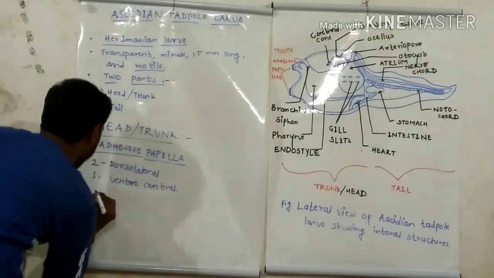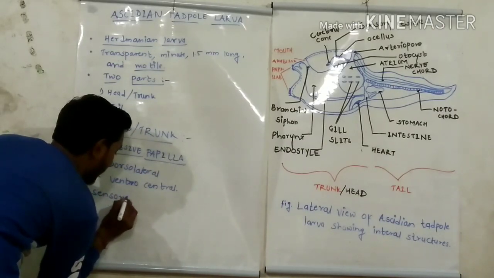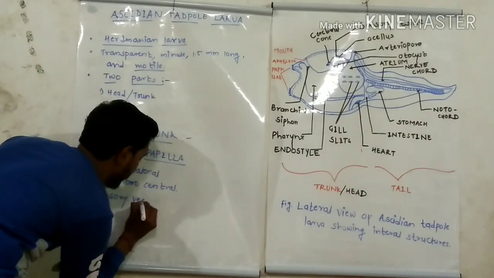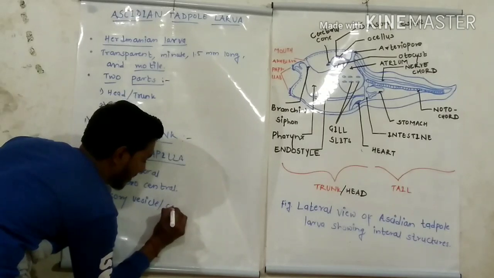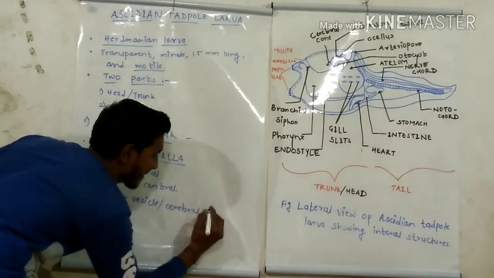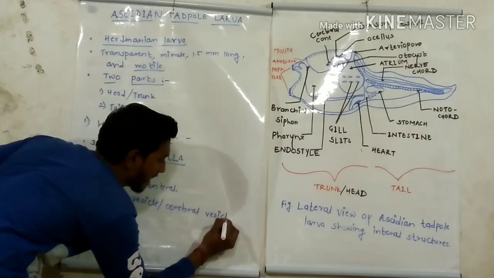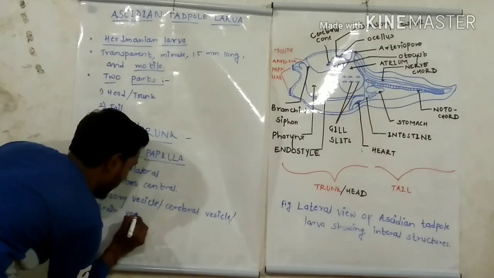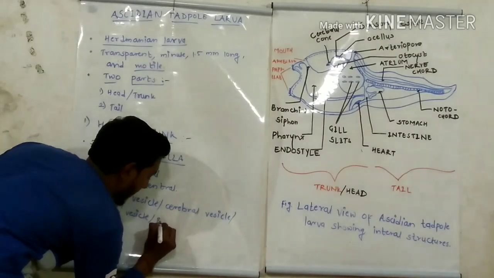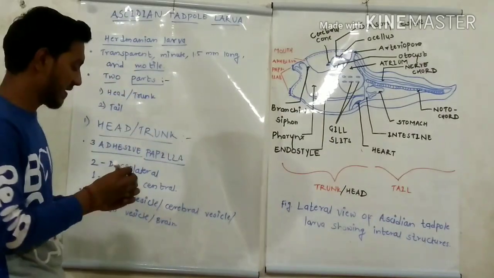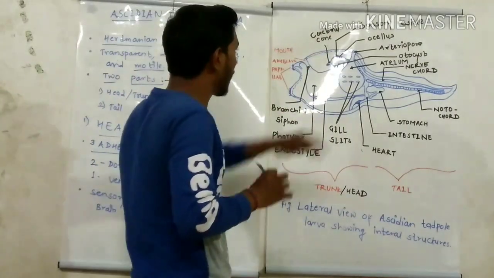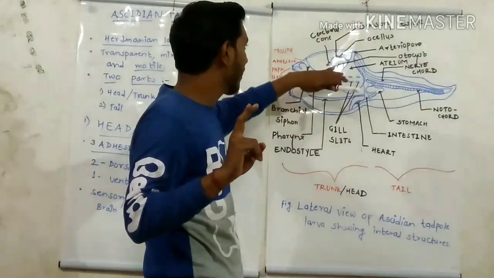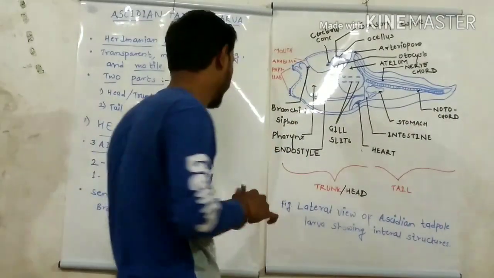It has various synonyms: sensory vesicle, cerebral vesicle, brain vesicle, or brain. Now this sensory vesicle contains two parts, ocellus and otocyst. These are the two main larval sensory organs.